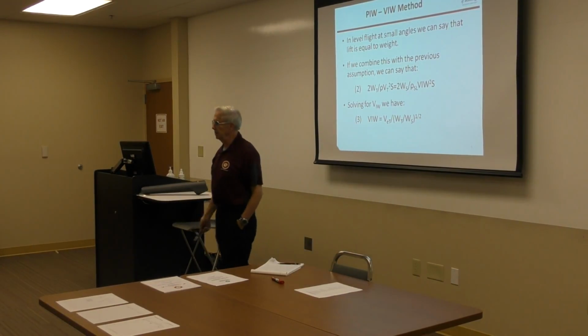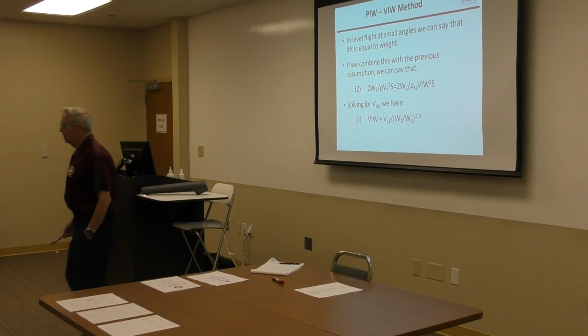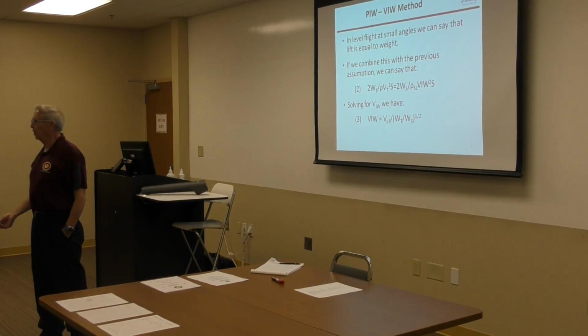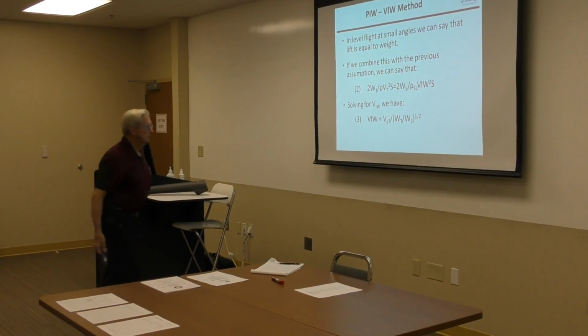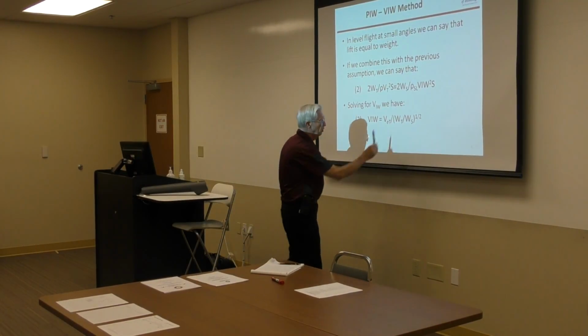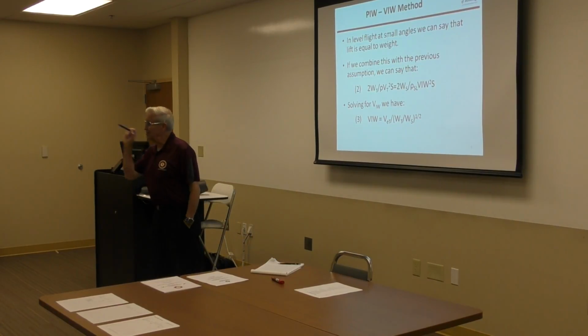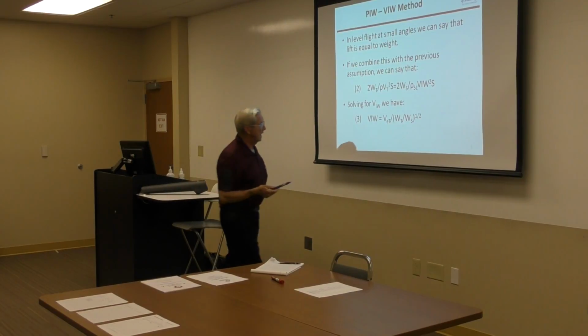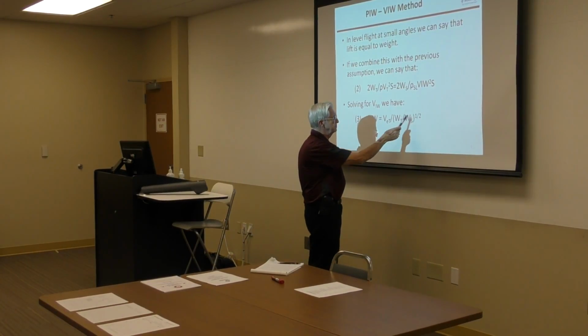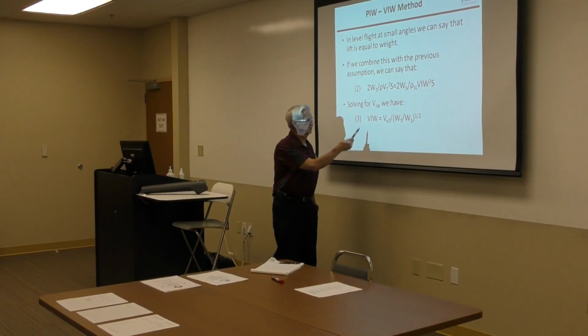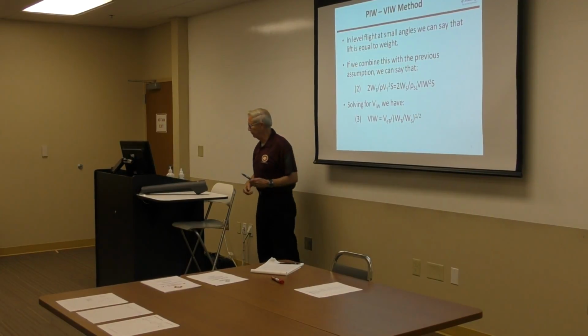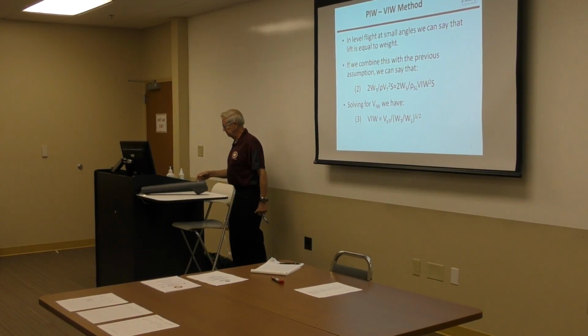So in case of the Cherokee 6, 3,400 pounds is the standard weight, we'll call it, okay. So whatever our test weight was, that's why we want to know what our weight was at our data point. And that's all times the square root of that weight ratio. So a fairly simple equation for this VIW term.